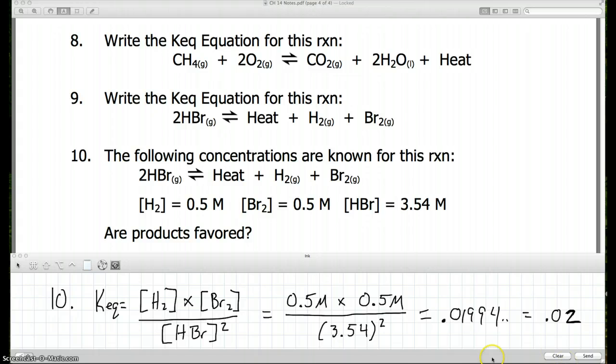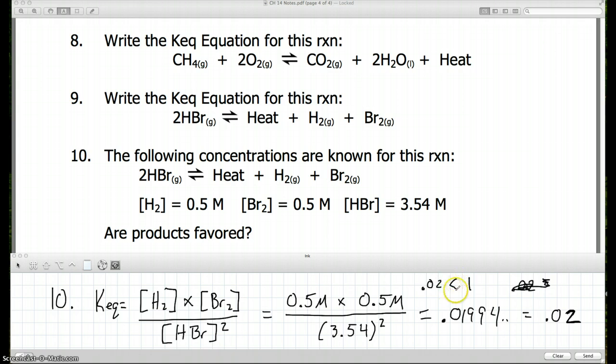Now the last question here is, are products favored or are the reactants favored? The way I think of this is 0.02 is less than 1. I think of that as an arrow, the less than sign.